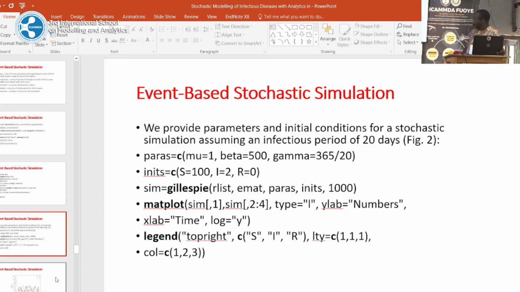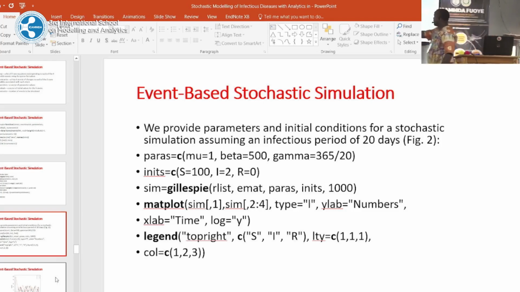And then we have the simulation, the Gillespie, which contains the R list, the EMAT, which we have defined earlier, and the paras, which is the parameters. So we provide parameters and initial conditions for a stochastic simulation. And then we have the matplot. The matplot is the sim.